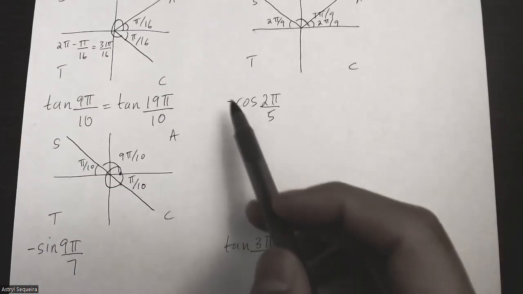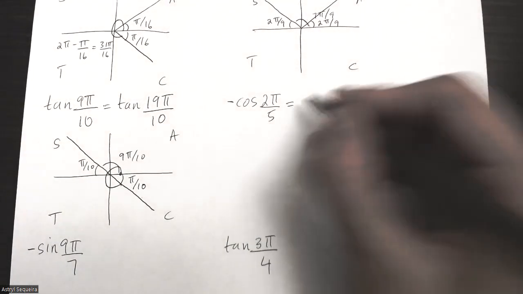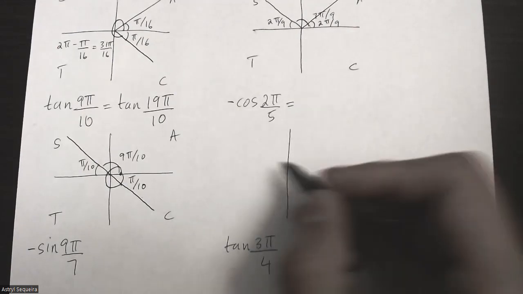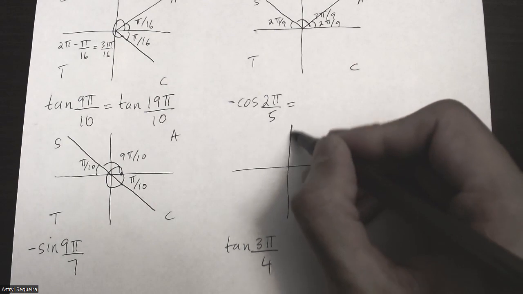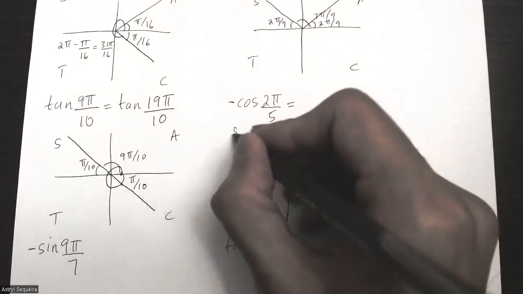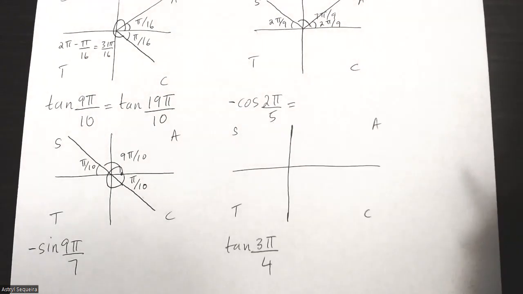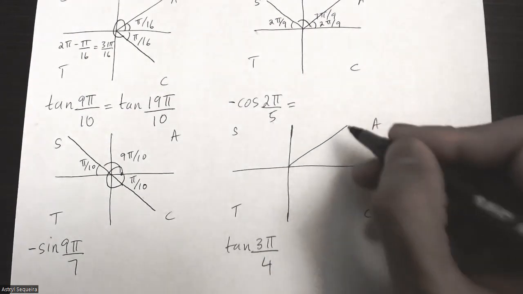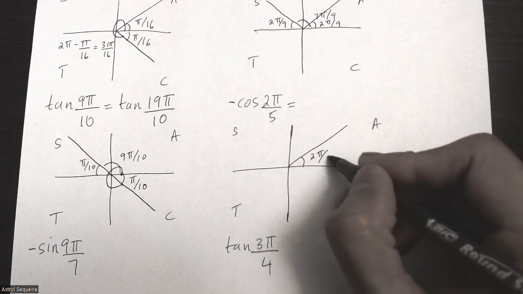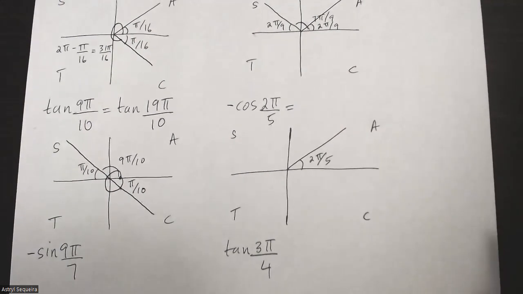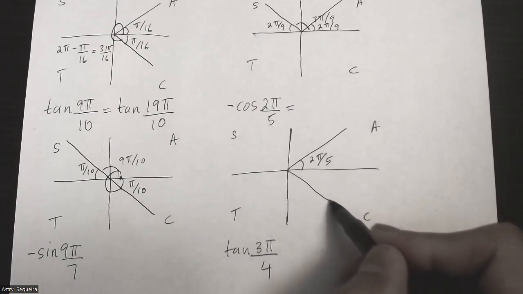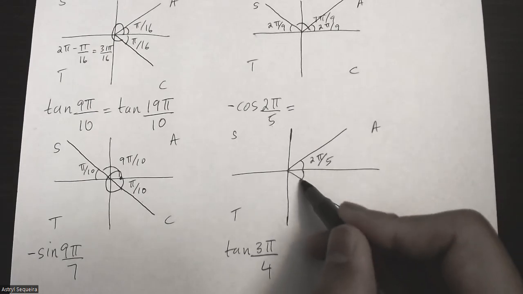Let's go to this fourth question here. We have a negative over here on this one, but I just want you to ignore the negative to begin with. Let's just pretend like it's positive for now. So 2 pi over 5 is in my first quadrant. I know that cos is positive in this quadrant. Cos is also positive in this quadrant here.